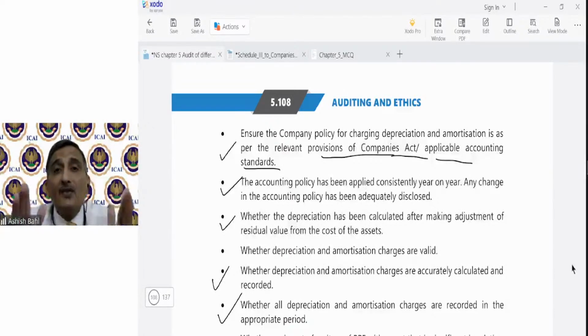So at this time you have to forget about the Income Tax Act, about the rates which are prescribed in the Income Tax Act. So some students do get confused between these two things.